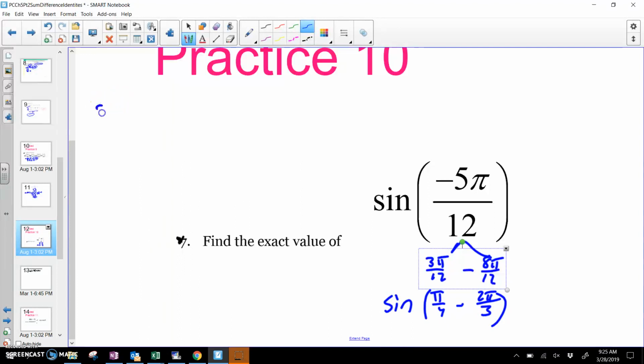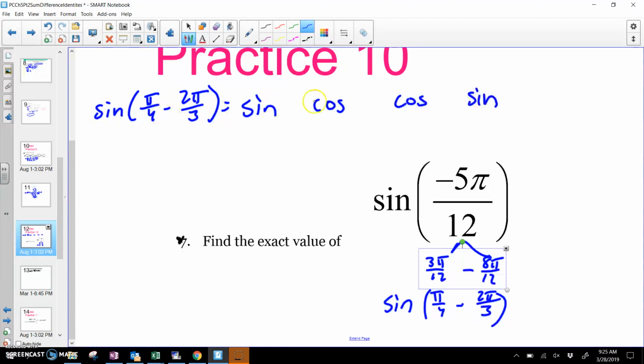I did sine of pi over 4 minus 2 pi over 3. So I have sine, cosine, cosine, sine. Then I set up my cheer, because it's minus, I put my minus, and then I alternate my angles: pi over 4, 2 pi over 3, pi over 4, 2 pi over 3.